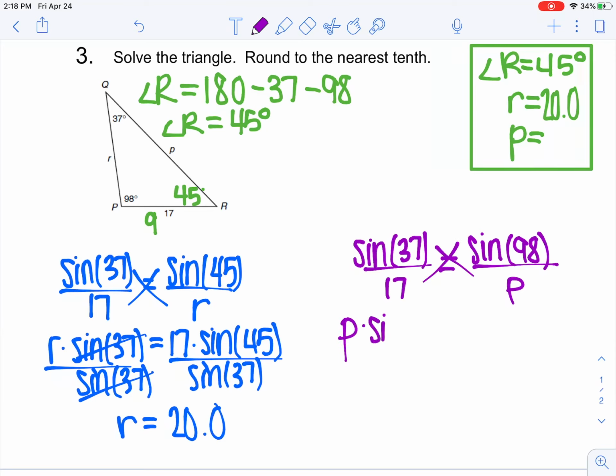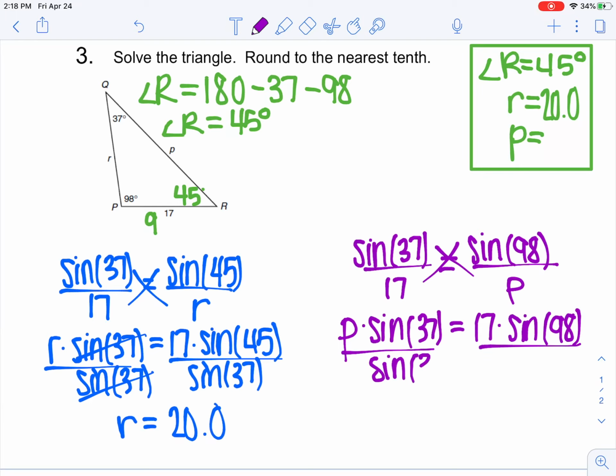I get P times the sine of 37 equals 17 times the sine of 98. Divide both sides by the sine of 37. So that gets us P by itself. We can type all this in: 17 times the sine of 98 divided by the sine of 37. Round to the nearest tenth, and you should get 28.0.